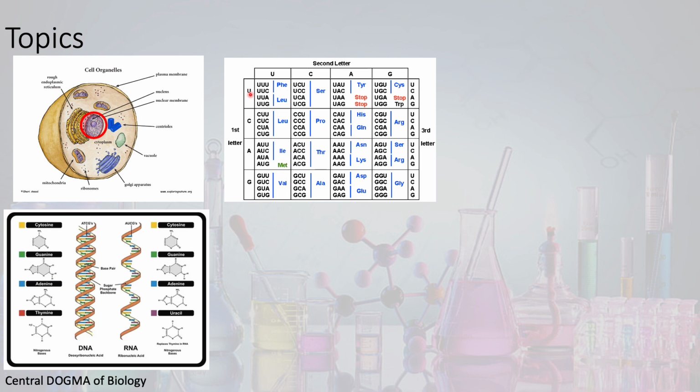In the top left here, for example, UUU codes for phenylalanine, whereas down here, UUG codes for leucine. You will have access to this chart, so if you're interested in learning more, feel free to do so on your own time. I won't be requiring everyone to remember all the codes and codons.